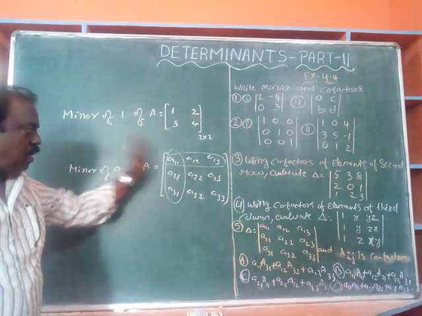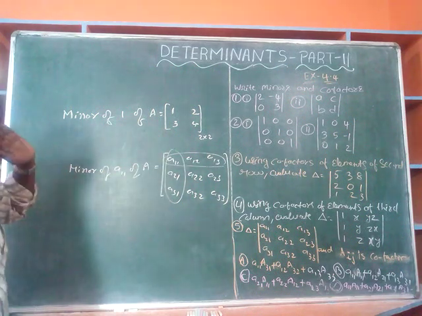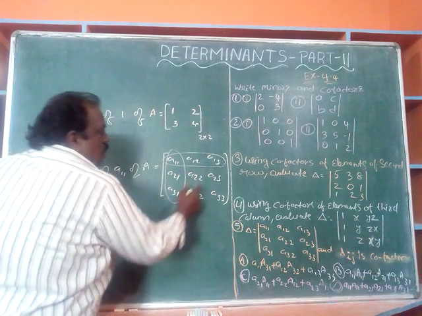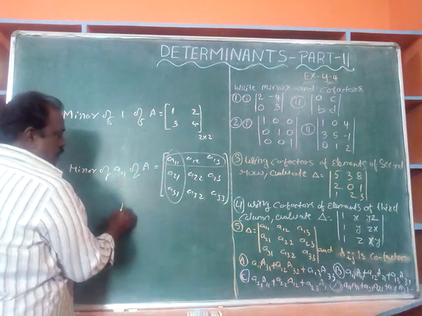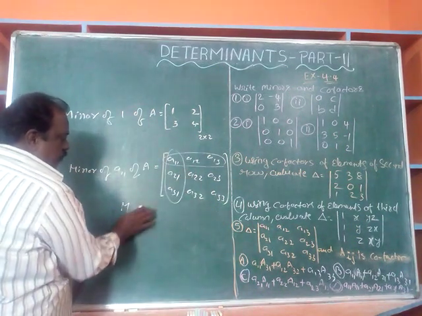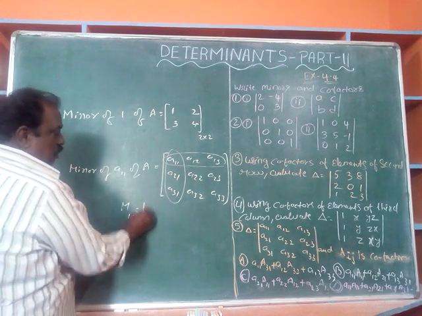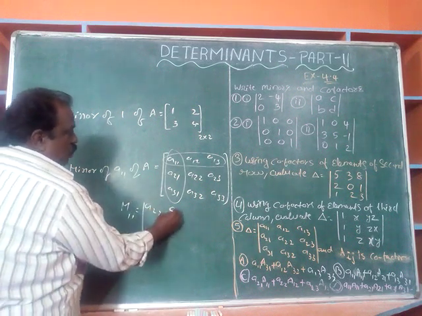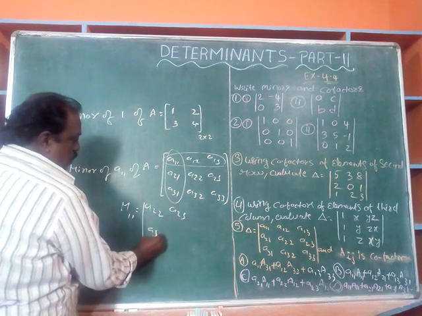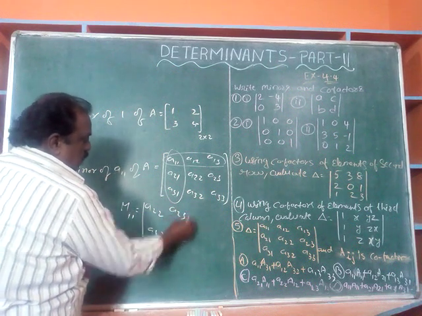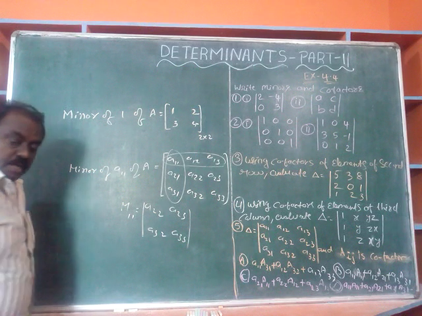You have to delete that row and column. The remaining determinant is denoted by capital M11, equal to A22, A23, A32, A33. Like this, I taught you.